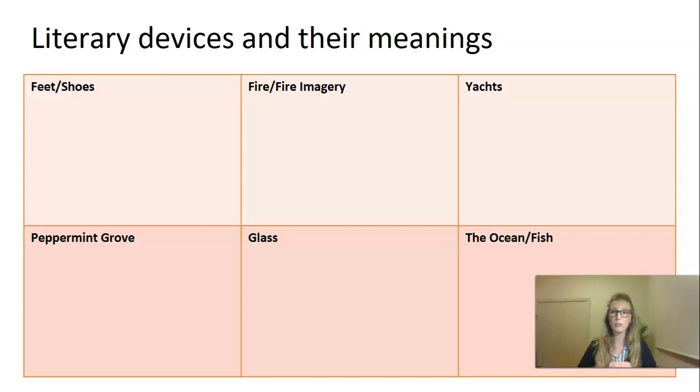Another example, again using the evidence from the earlier activity, is the motif of glass. This is when Breaky hears the sound of breaking glass during the domestic violence incident in the Larwood household. Winton uses glass to illustrate the fragility of relationships between people.